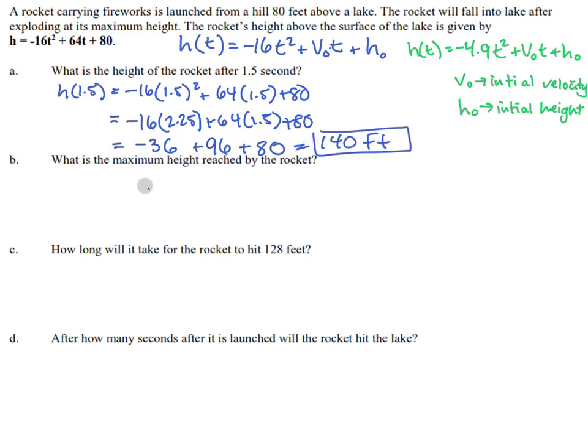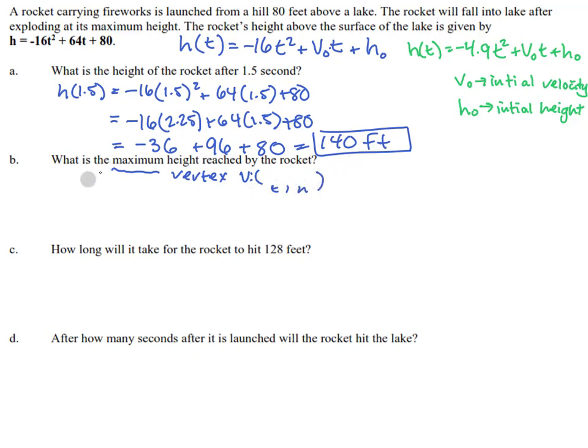Okay, part B. These will all ask us different types of questions. What is the maximum height? We talked about this before. If I hear maximum or minimum, we're talking about the vertex. To find the maximum height, remember that the x-coordinate of my vertex has to do with time, and the y-coordinate is the height. So we need to find the y-coordinate of the vertex.